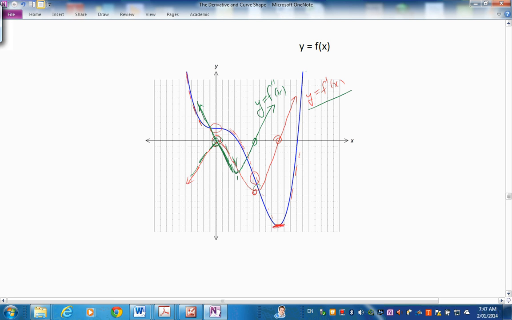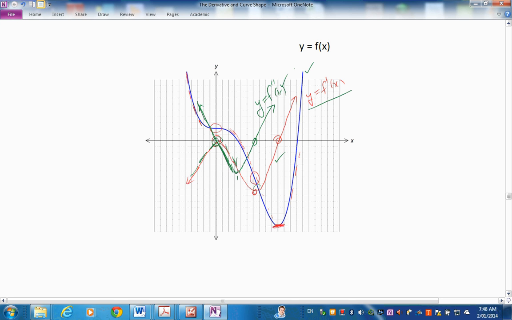It looks like we've got a quartic for our blue one, a cubic for the first derivative, and a quadratic. Can you see that idea? We can repeat the process each time. Yes, a little bit confusing, but that's a new part of the syllabus, so hang on in there with that one, and we'll do a few more in a minute later on.